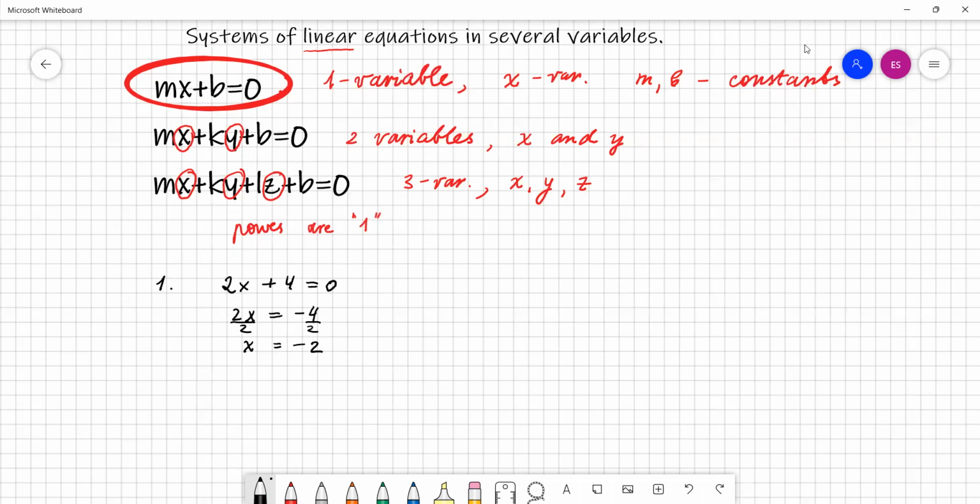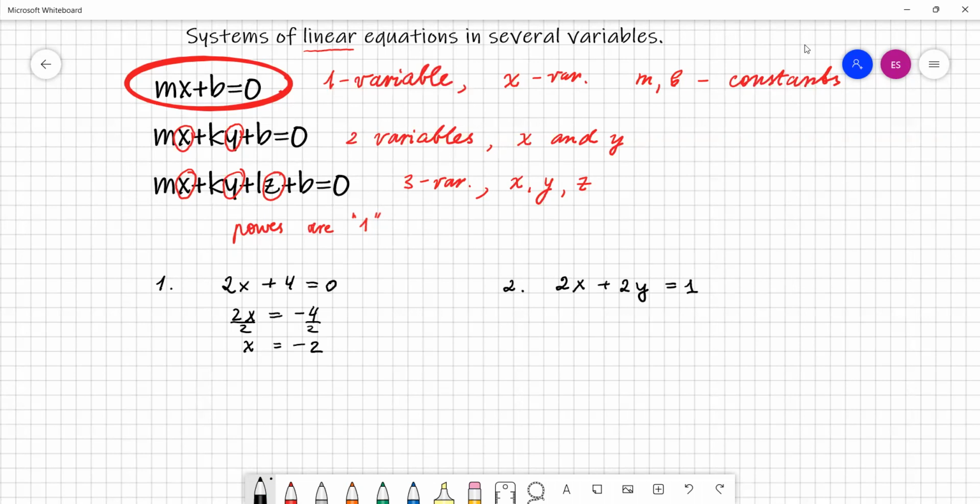If we have two variables, for example, 2x plus 2y equals 1, we cannot do this, because this way we can find only one variable, but in the solution we are going to have a second variable.